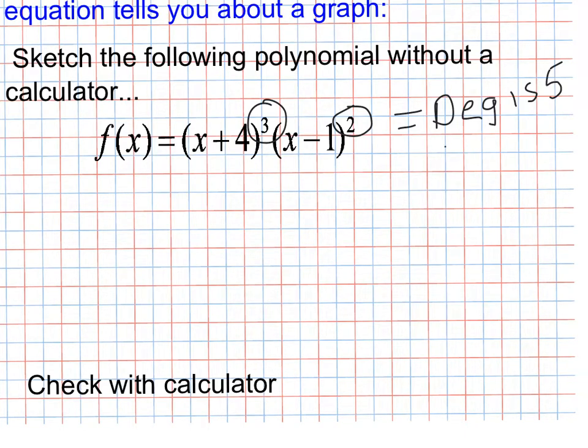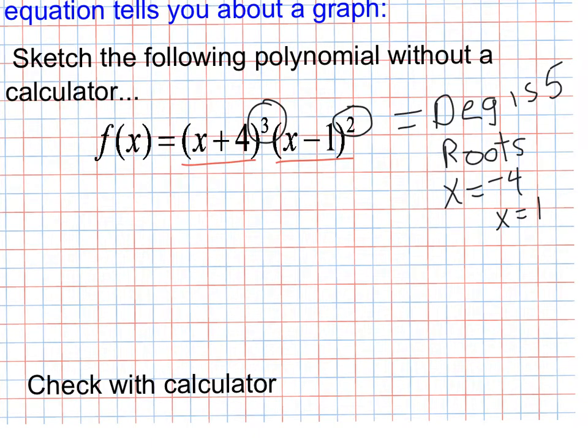The roots of the polynomial come from the two factors. So our roots are x equaling -4 and x equaling +1.